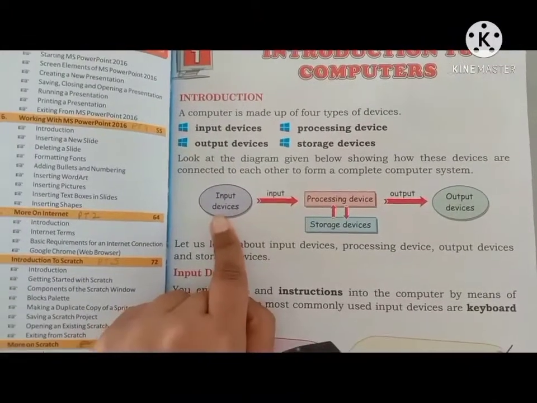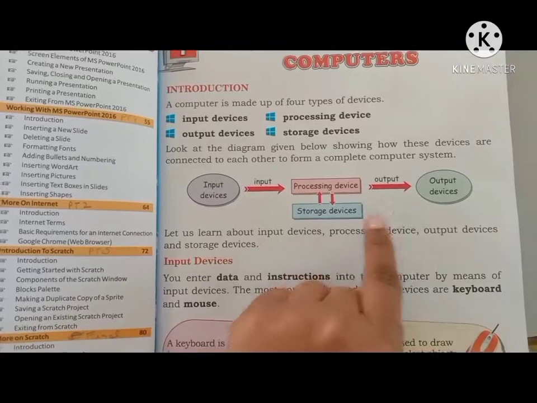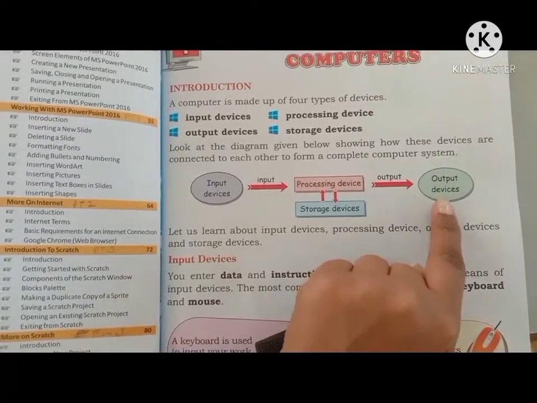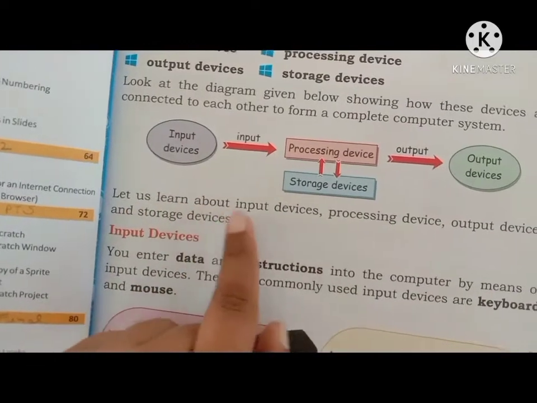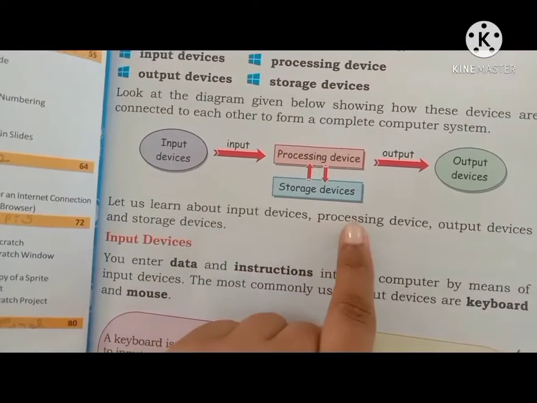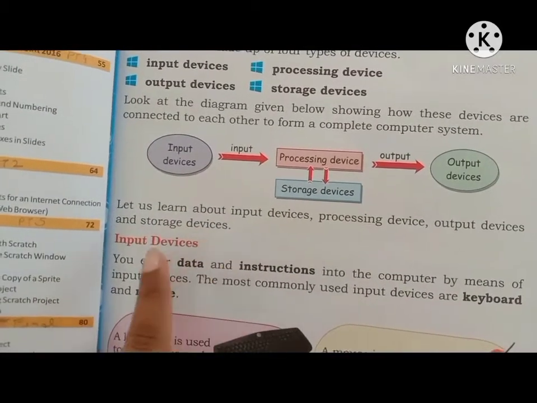This is a diagram. You see in the diagram, input devices, processing devices, storage devices and output devices. Let us learn about input devices, processing devices, output devices and storage devices.